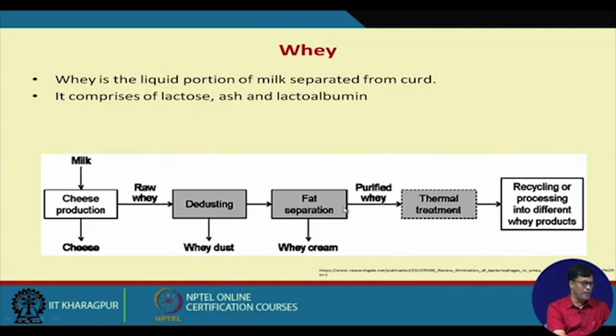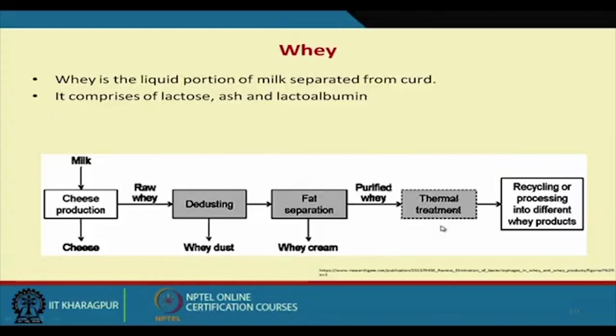And then in fat separation we get the whey cream, then purify this whey through thermal treatment to recycle or process into different whey products, because this is a very good raw material for lactic acid production. When I discussed the lactic acid fermentation process, I already told you that whey is a very good raw material for the production of lactic acid.